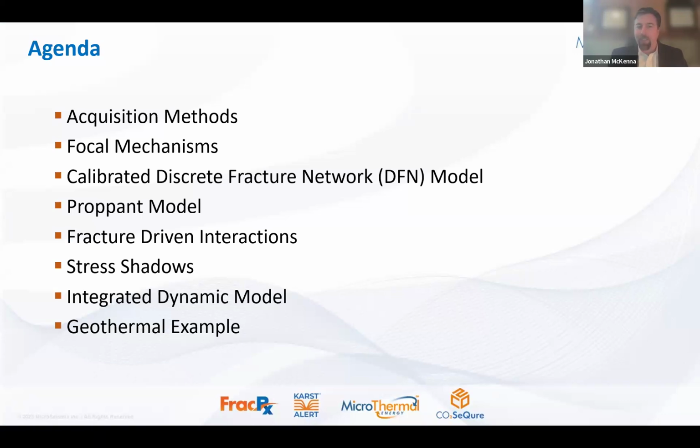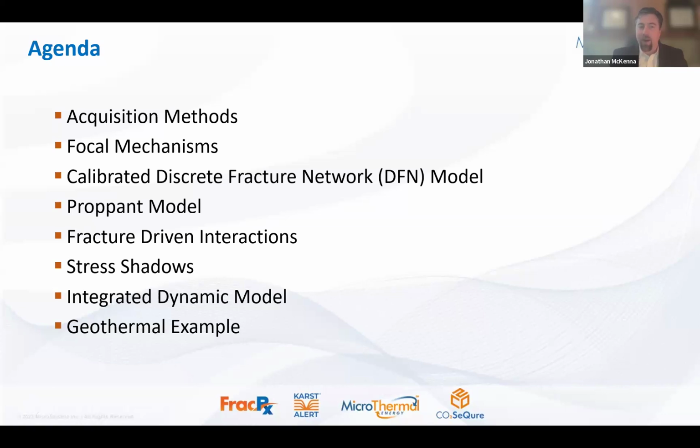First, go over acquisition methods, how we get the data, and then one of the most important things that we get from monitoring from the surface, we're primarily a surface monitoring company, are the focal mechanisms. This describes how the rock is breaking in the subsurface or at the hypocenter of the location of the event. Then we talk about a discrete fracture network model and how we calibrate that model.